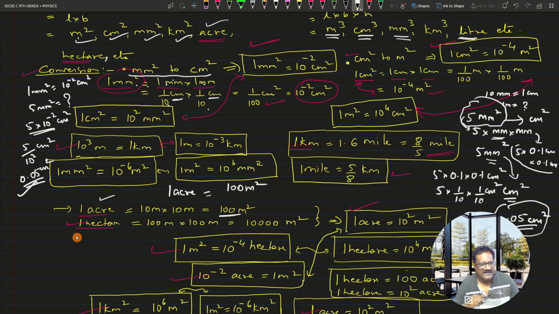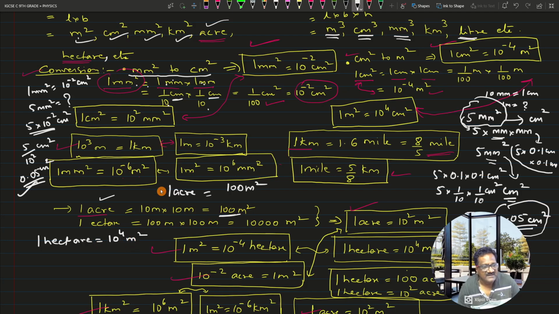Okay, what is 1 hectare? 1 hectare is, I'm sorry, let me write that again for you. 1 hectare, HECTARE. 1 hectare is equal to 10 raised to 4 meter square.